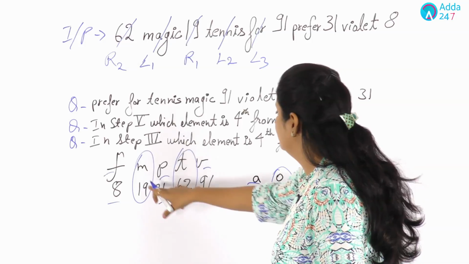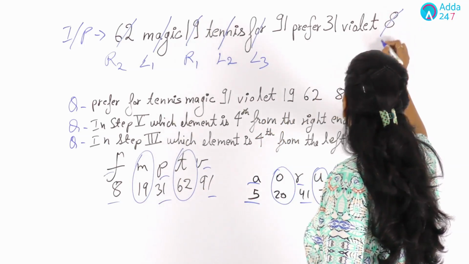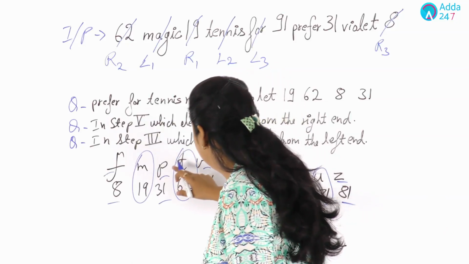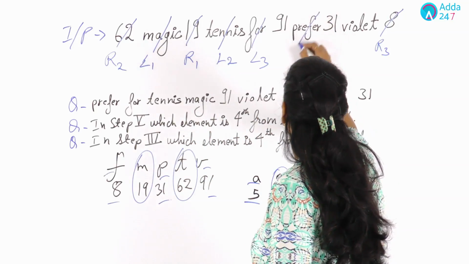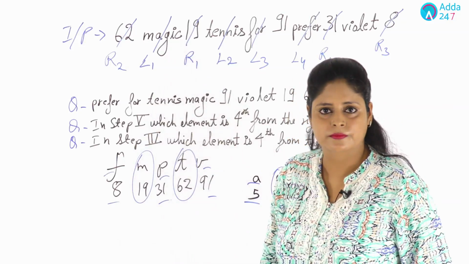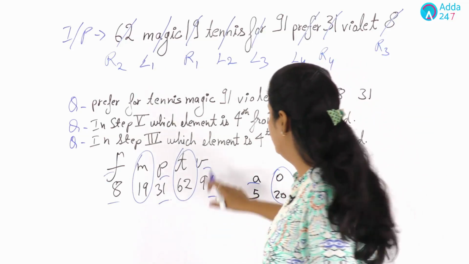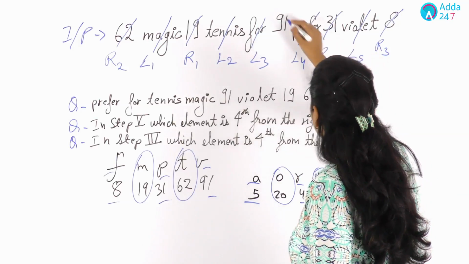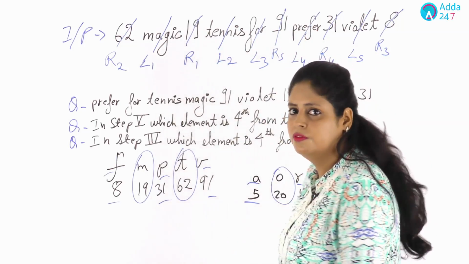L3, and another number is 8, so it is R3. Another pair, P31: P is L4, 31 is R4. We did it. Now the last one is V91, means L5, and this one is R5.